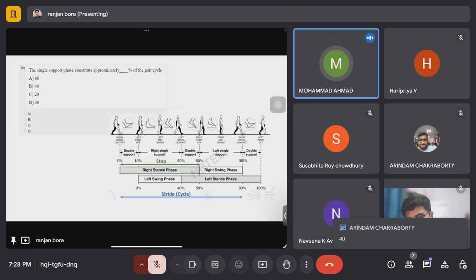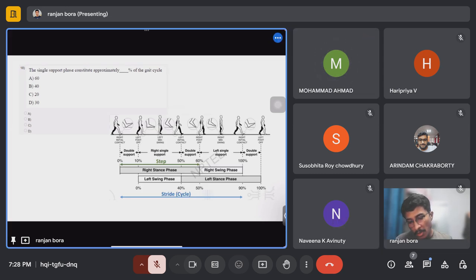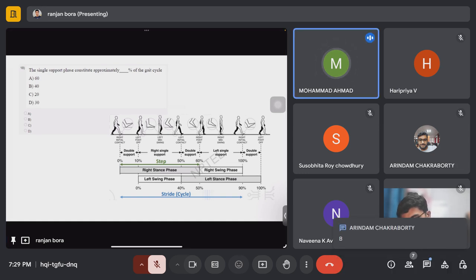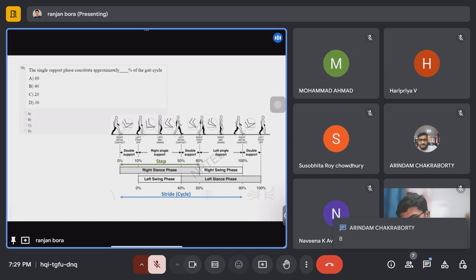It cannot be 80. See, this is the gait cycle. Here it is 0%. At 0% it is starting, and at 100% it is getting completed. So you are talking about two gait cycles, but those two are for different legs.